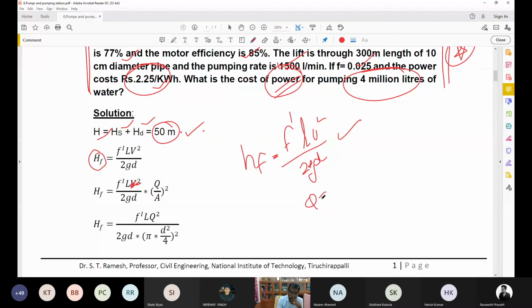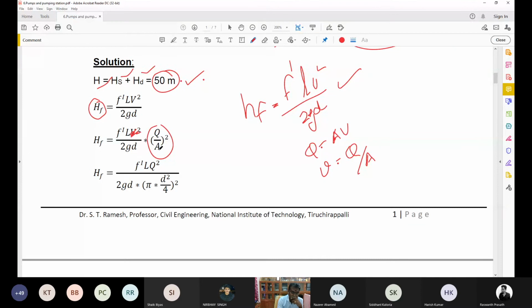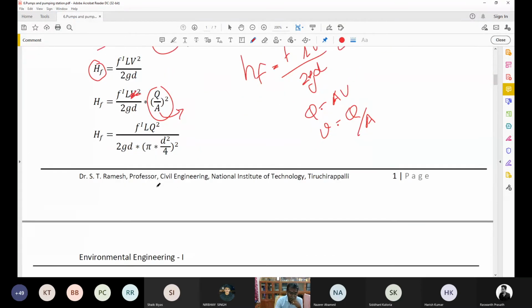Q is equal to A into V, the continuity equation we are familiar with, so V is equal to Q by A. I am substituting V as Q by A here. Then I'll rearrange and substitute A, because it is a circular pipe, A is pi d square by 4.